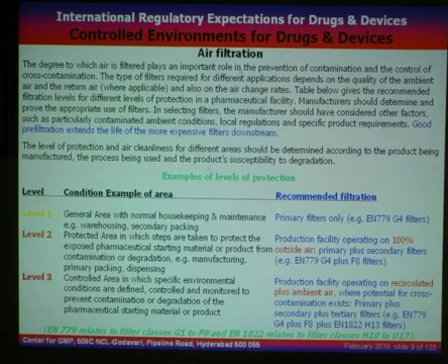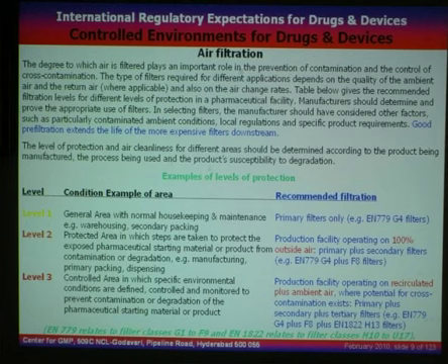So in this table, the recommendations are: if it is level 1, it's a general area with normal housekeeping and maintenance like a warehouse or secondary packing. And EN779 G4 level filters, primary filters, are adequate.